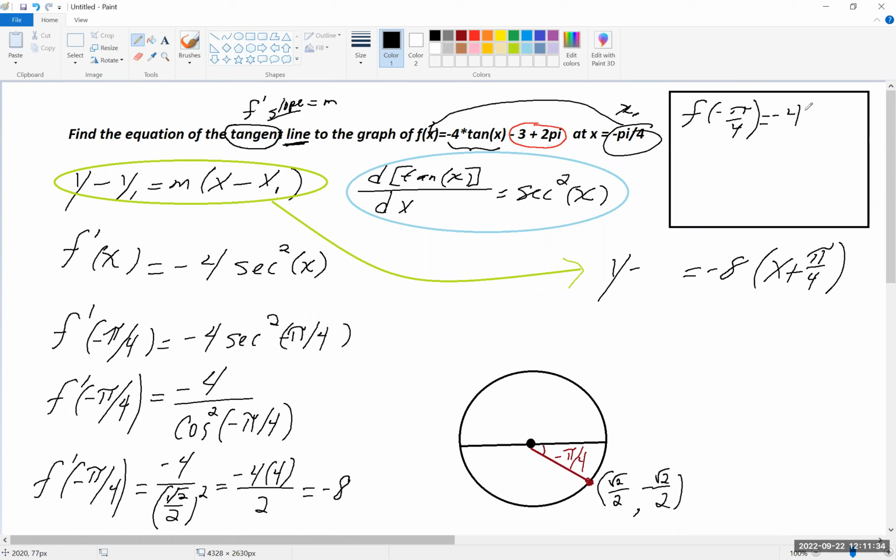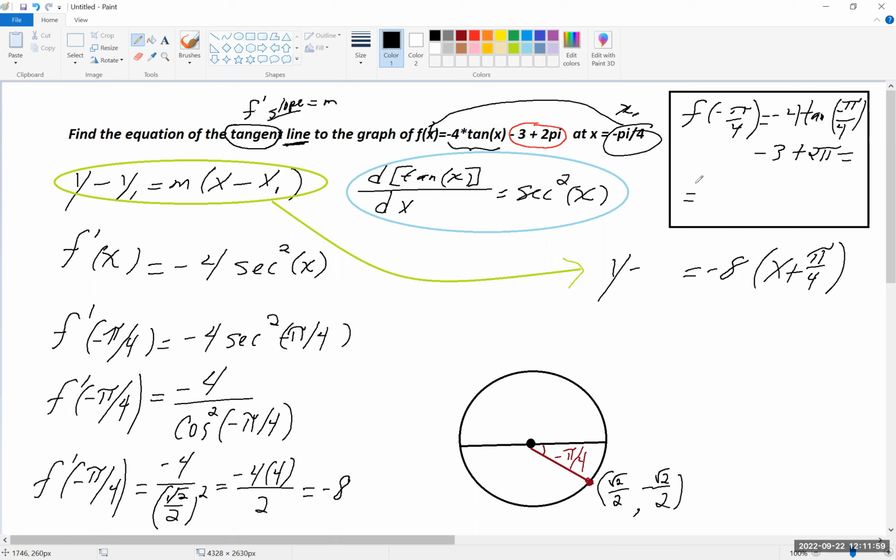So it's -4 times the tangent of minus pi over 4 and -3 plus 2 pi. Okay, so that looks sort of complicated. Put the equal sign over here.